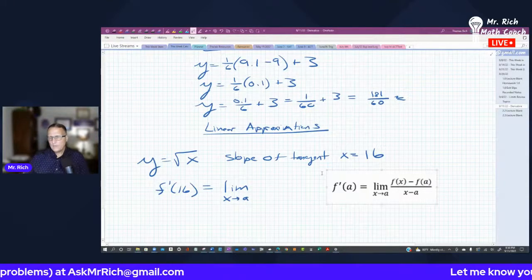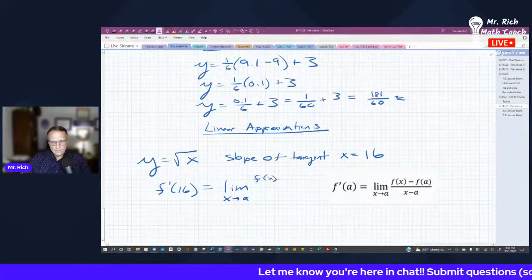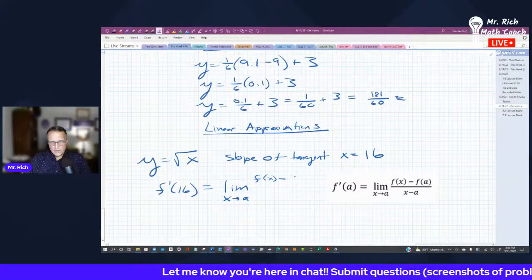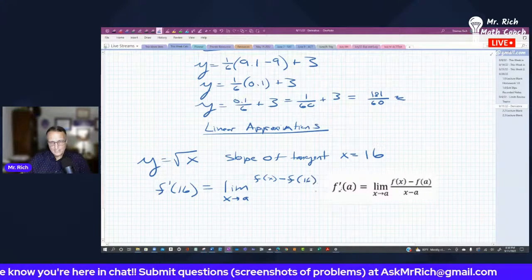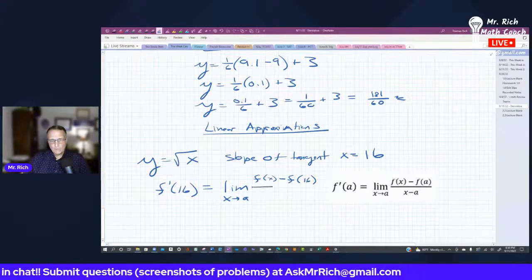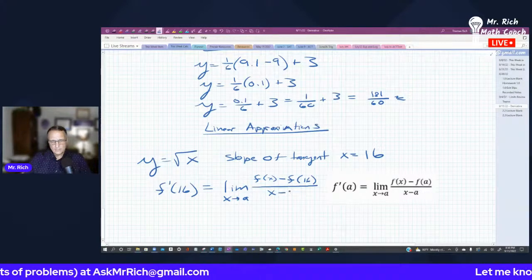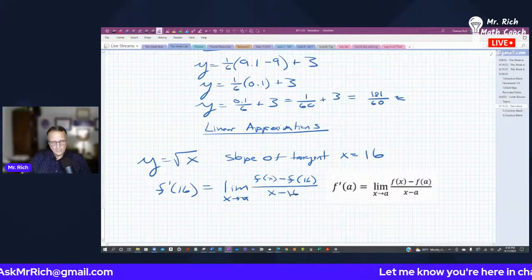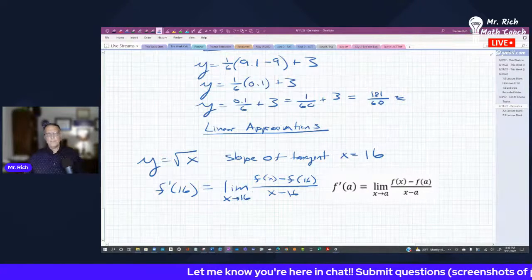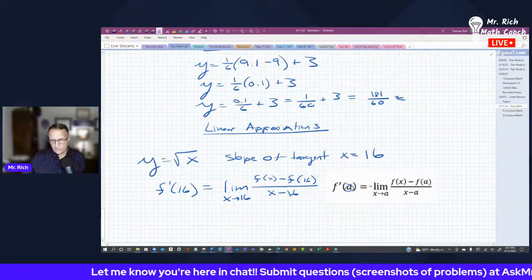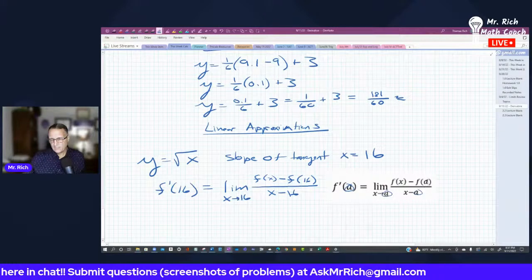All right. So we're going to do f of x minus f of a. So I'm going to put f of 16 right there, all over x minus a, which is 16, because our a value here is 16. So it looks like that. So my a value that I'm interested in knowing the slope of the tangent line is 16. So a is 16, 16, 16.